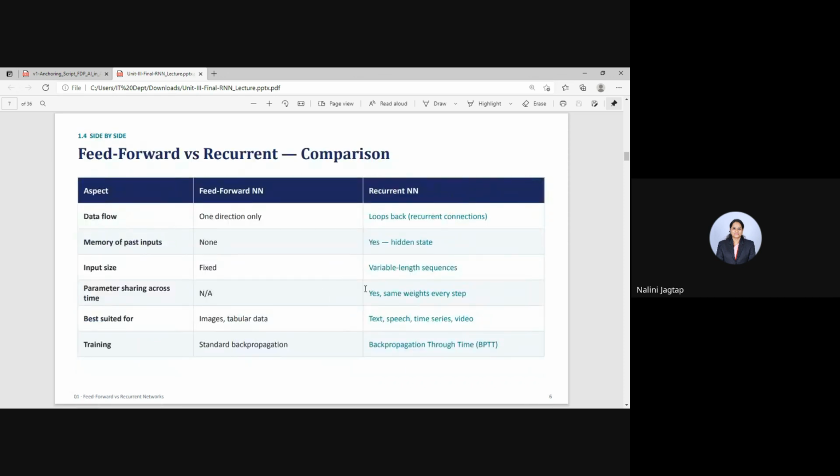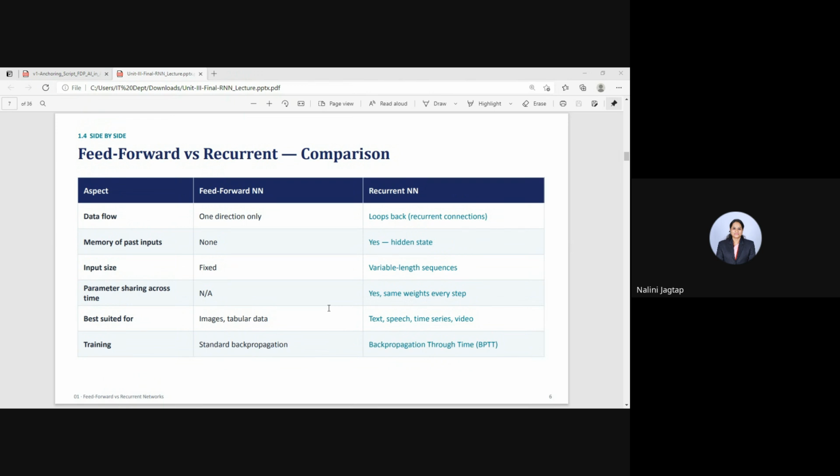Now we'll see the comparison of the feed forward network versus the recurrent network. Here the data flows in one direction only in the feed forward network. The recurrent neural network has loop backs, so recurrent connections. The memory of past inputs is not available in the feed forward network, as we have seen till now, and the recurrent neural network has memory, which is the hidden state.